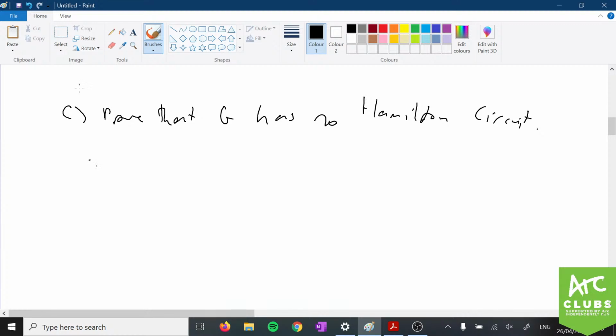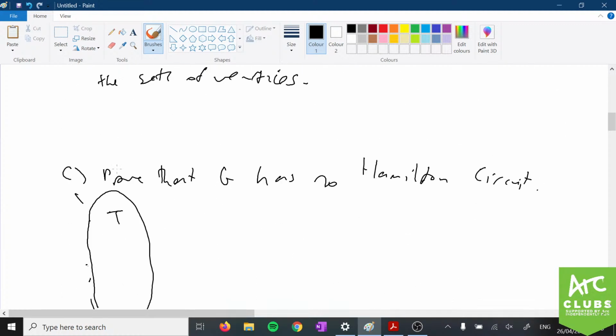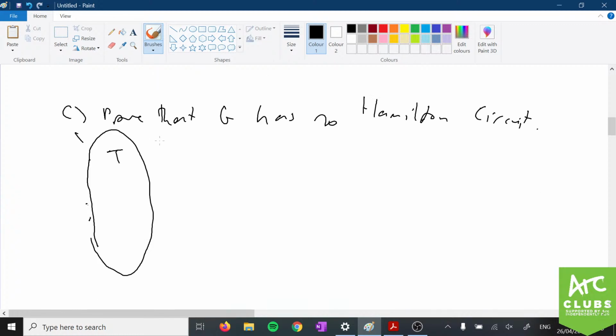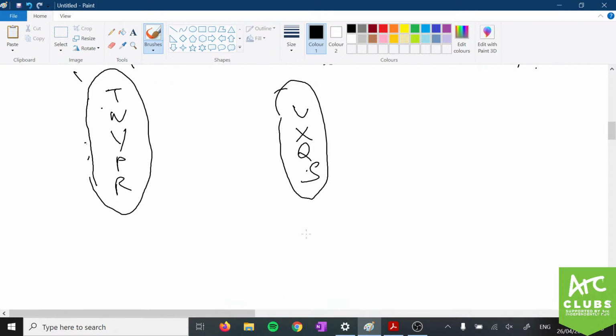And I'm going to bring the groups back up, the vertex partition for our bipartite graph. And I think it was W, Y, P, R. And the second group was V, S, or V, X, Q, S. All right.